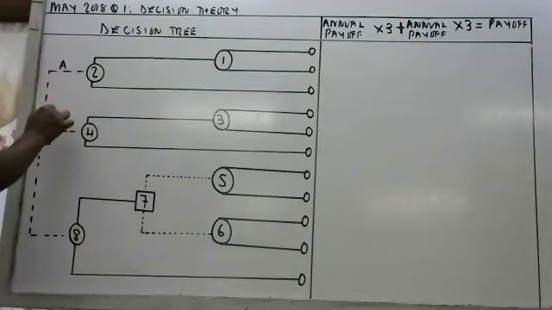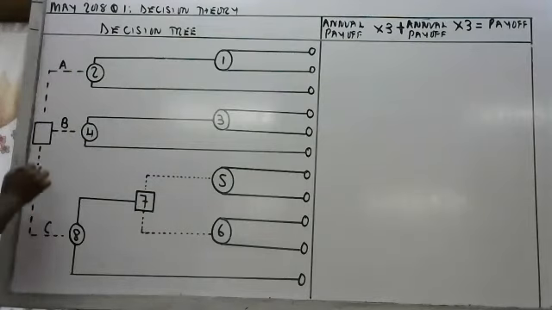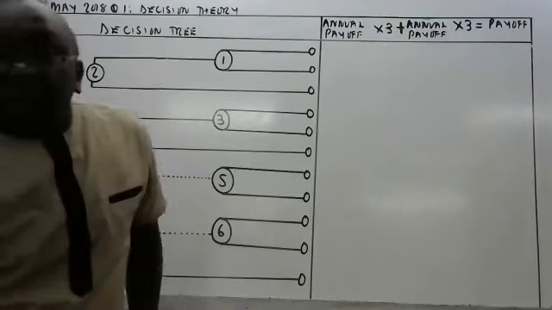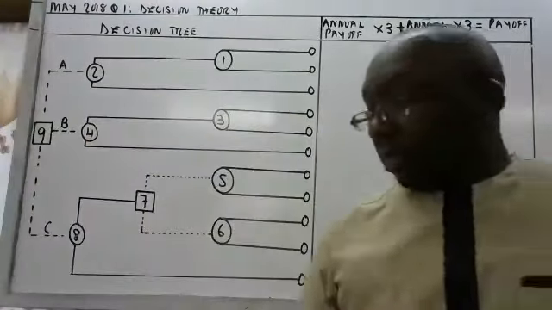So this is A, B, C. This is 9. So come up with such a tree.